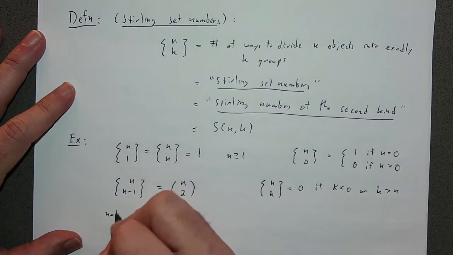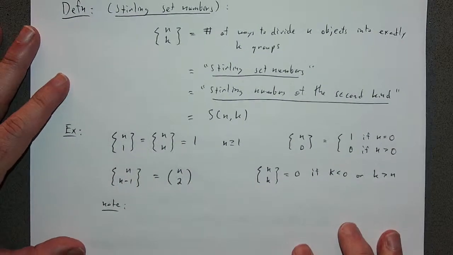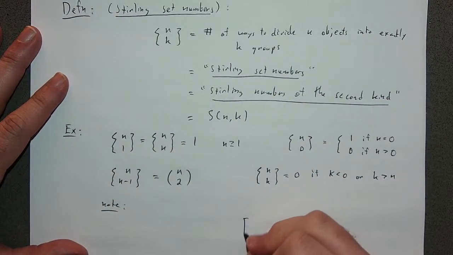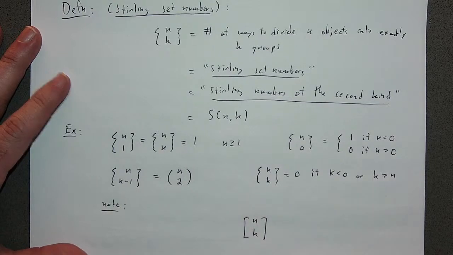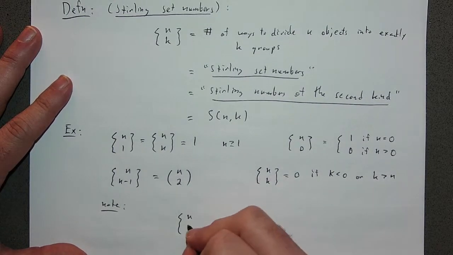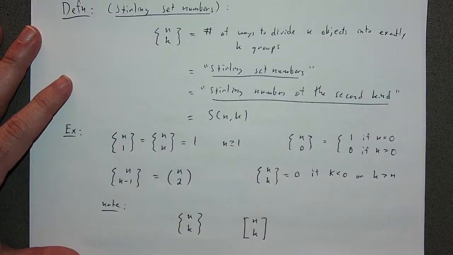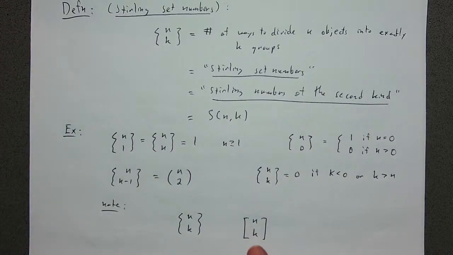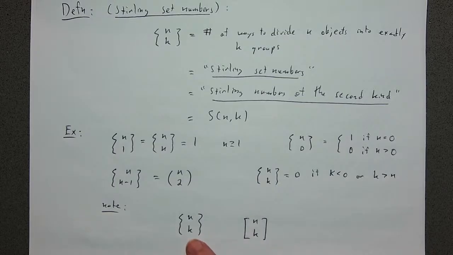Also, note the following. What is the relationship between the Stirling numbers of the first kind and the Stirling numbers of the second kind? That is, the Stirling cycle numbers and the Stirling set numbers. The first distinguishes among the different ways to arrange the n people within k groups, but this does not.